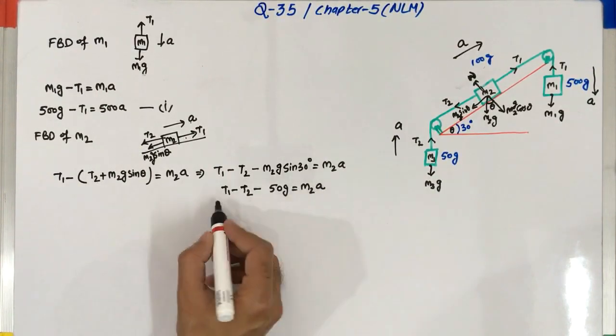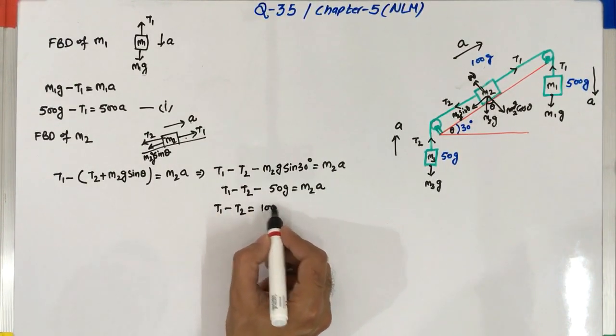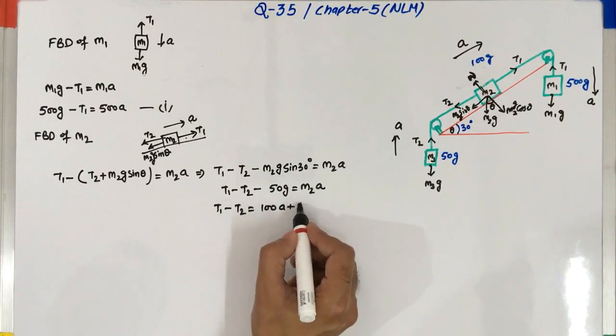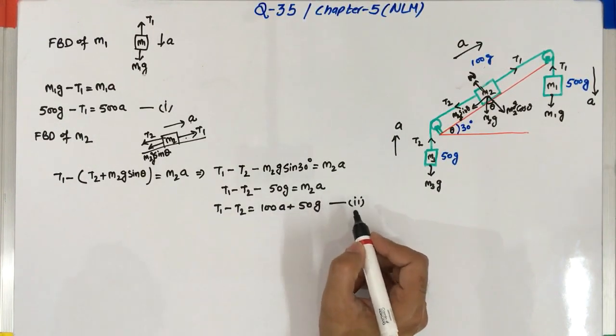So I get T1 minus T2 equals 100A plus 50G. This is my equation number 2.